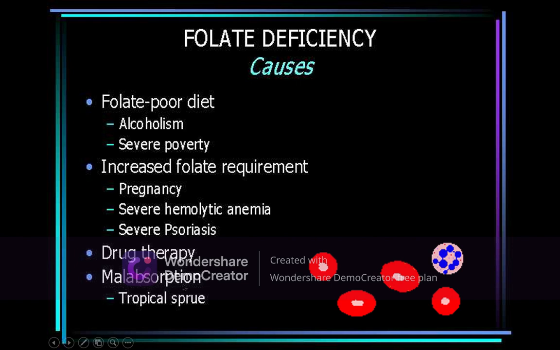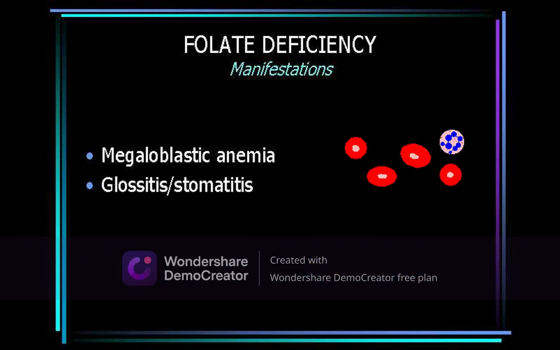Malabsorption syndromes in any part, such as tropical sprue, which I have discussed previously, or steatorrhea, can cause loss of folate in the feces. So, folate deficiency manifestations are the megaloblastic anemia on the one hand, and you will find it in the bone marrow, not in the blood film.